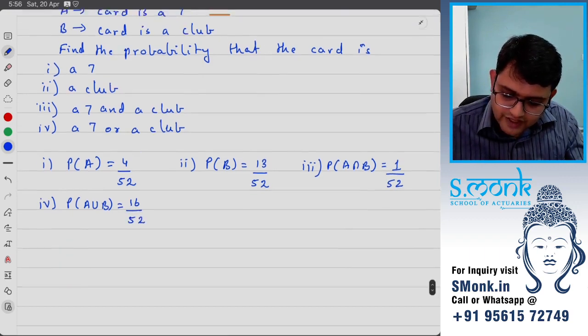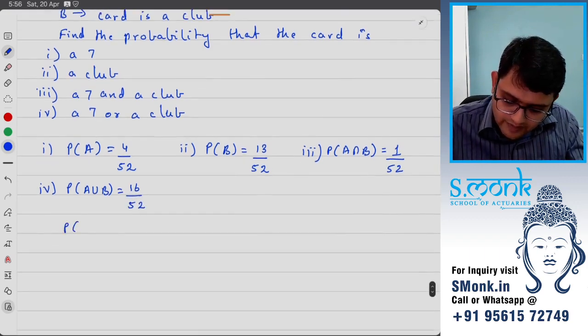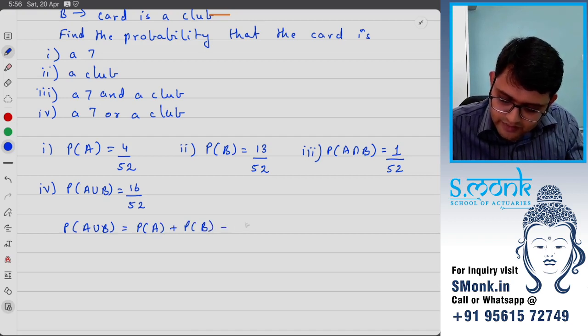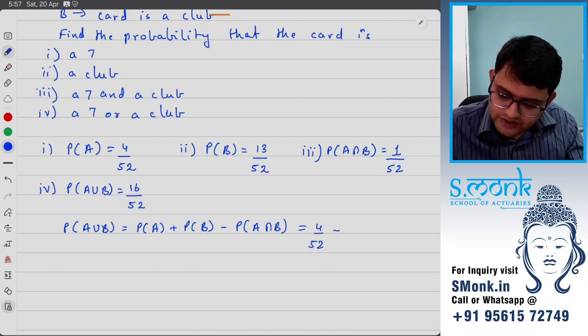You can also find that with this formula: probability of A union B is equal to probability of A plus probability of B minus probability of A intersection B. This is the reason I did not simplify it, because I wanted to keep the denominator same.